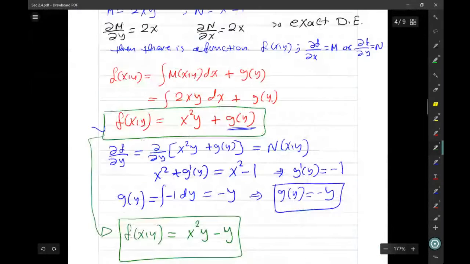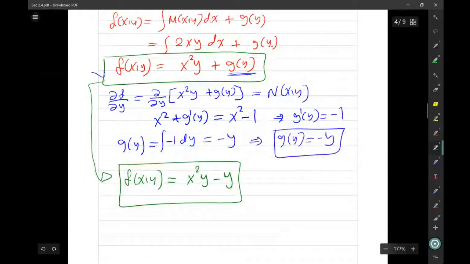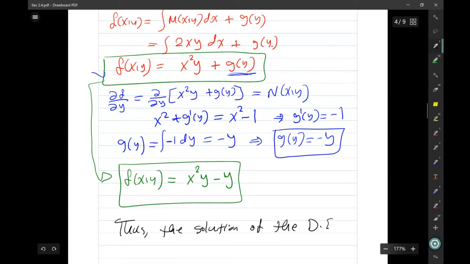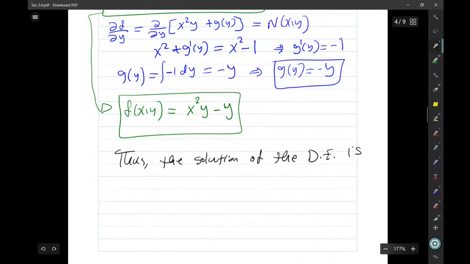So I have to say that, thus, the solution of the differential equation is f of x, y equal to c, which implies x squared y minus y is equal to a constant.